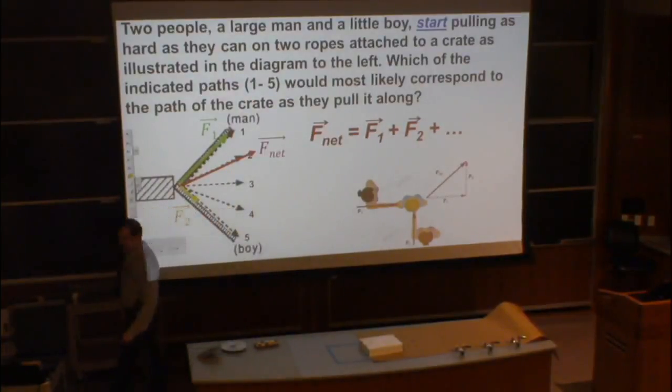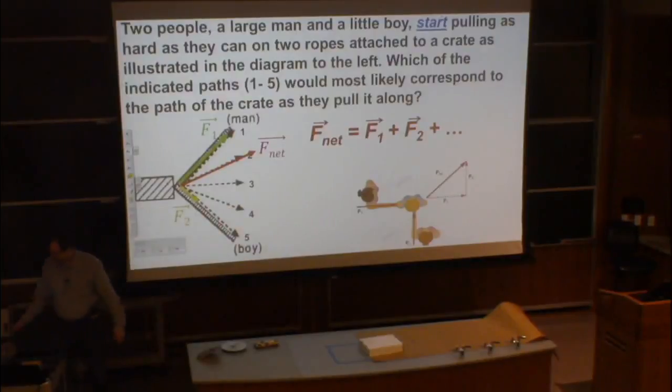Actually, all experiments demonstrate that the resulting force is just the sum of all forces. That's why we've studied vectors, because today, tomorrow and on Friday, you will be using this law in a lab. The sum of all forces just has a name, the net force or total force.